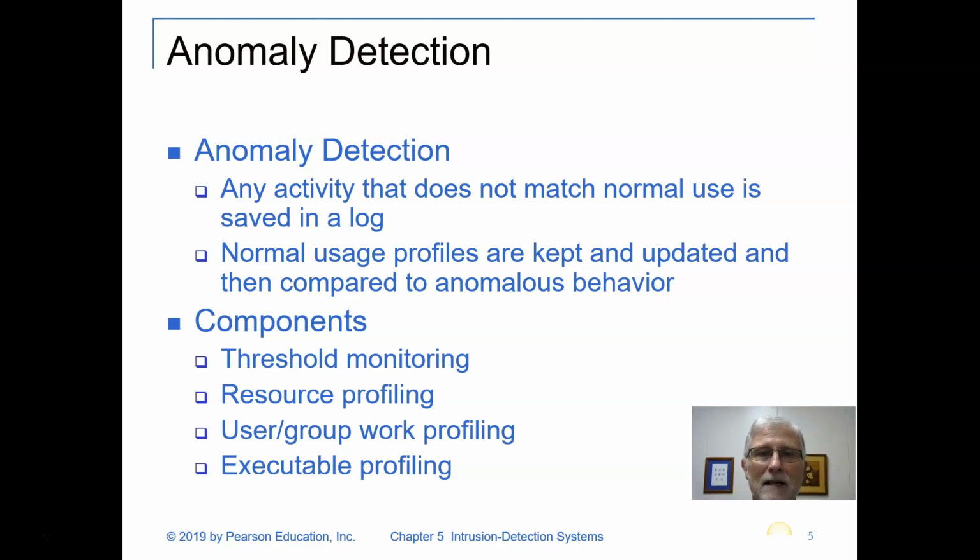Now, normally what we like to do is what we call anomaly detection. An anomaly is an activity that doesn't match normal use, based on the data we've been monitoring. We baseline the type of data the company does, and it has a certain look to it. We've logged the type of websites, the type of traffic, what kind of data flow goes through, and what kind of packets we're sending.